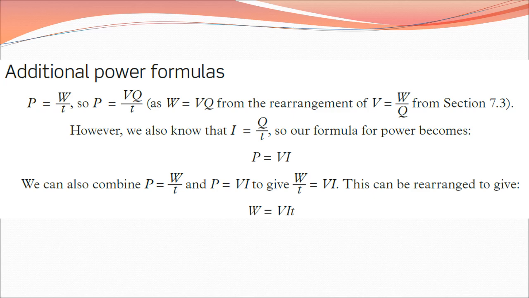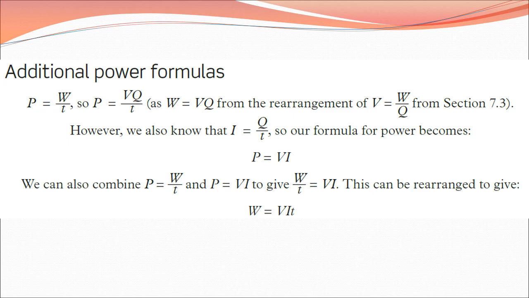But we also know that current equals the amount of charge flowing past a point in a particular amount of time, so I equals Q on T, the formula we looked at last time. Substituting that in, if we have P equals V times Q on T, that must just be P equals V times I. So electrical power equals voltage times current is the formula we need to remember and will be using to calculate electrical power.